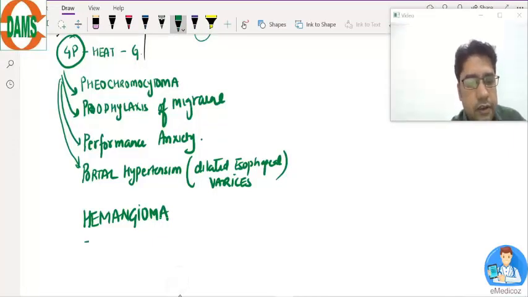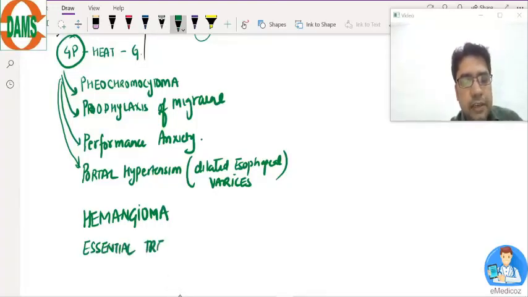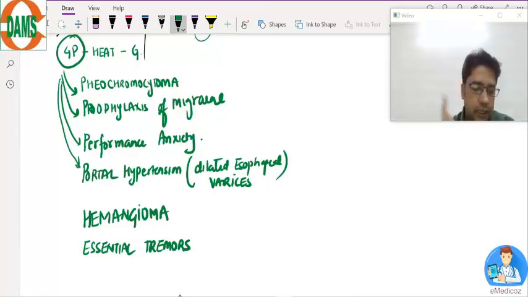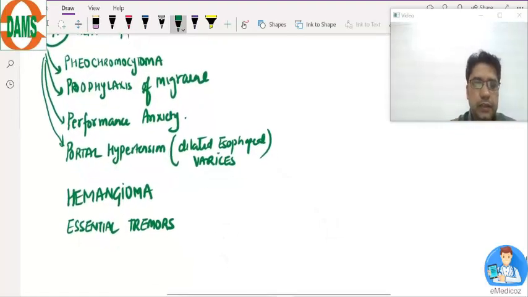E for essential tremors. Can you tell me tremors on skeletal muscles are because of which receptor? Beta 1 or beta 2? That is because of beta 2. So block beta 2.